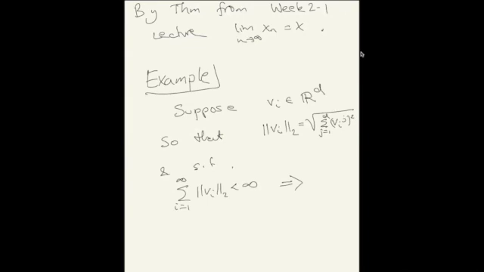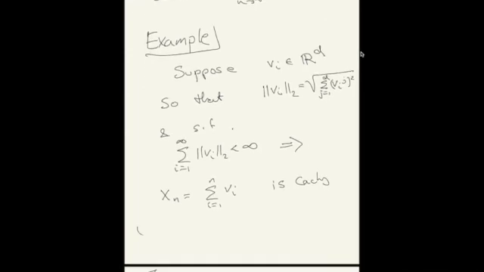Then define x_n as the partial sums, the sum of vectors. Then this sequence is Cauchy, and it converges, so we can define the infinite sum of v_i. So we can use this idea to prove that sums of vectors converge, and this plays an important role in many places. This is the analog of absolute convergence for vectors.